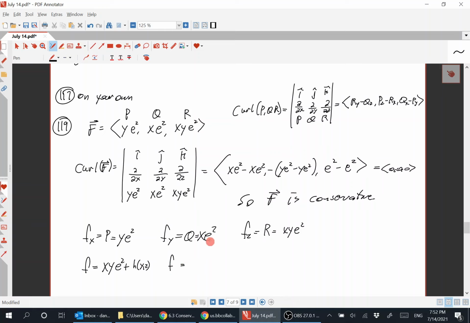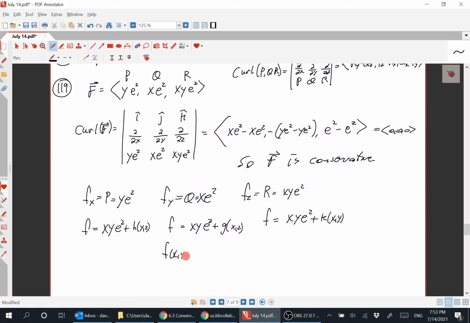The one with respect to y gives x y e to the z plus g of x and z, just some function of x and z, because its partial with respect to y is 0. And the antiderivative with respect to z gives x y e to the z plus a function of x and y. So a function f of x, y, z which matches all of those is just x y e to the z. There's your potential function, and its gradient is equal to this f right here.